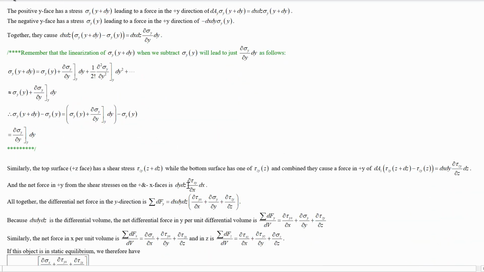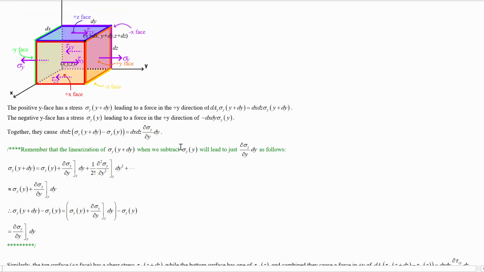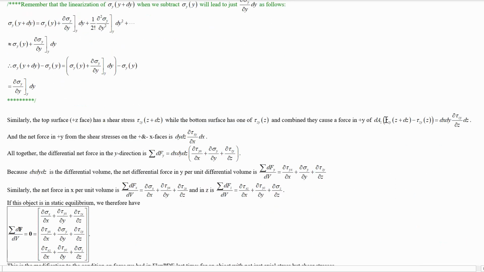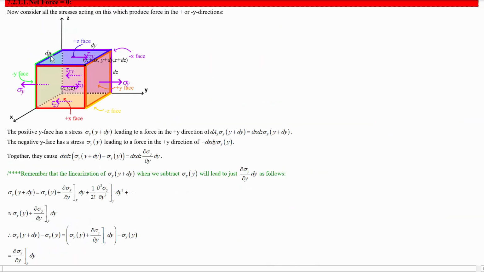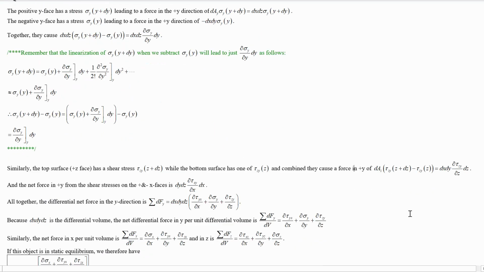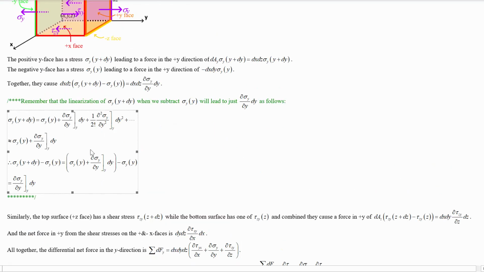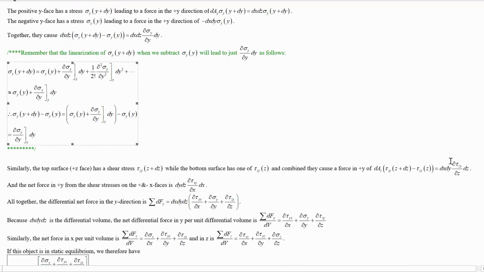So we're going to get tau zy at z plus dz, that's the location of the top surface, minus tau zy at z, the location of the bottom surface, because that one's in the negative y direction, and multiply by the area of that surface, which is dx times dy. So dx dy times this difference in shear stresses, using the same linearization trick, is going to lead to del tau zy by del z times dz, the step in the z direction.